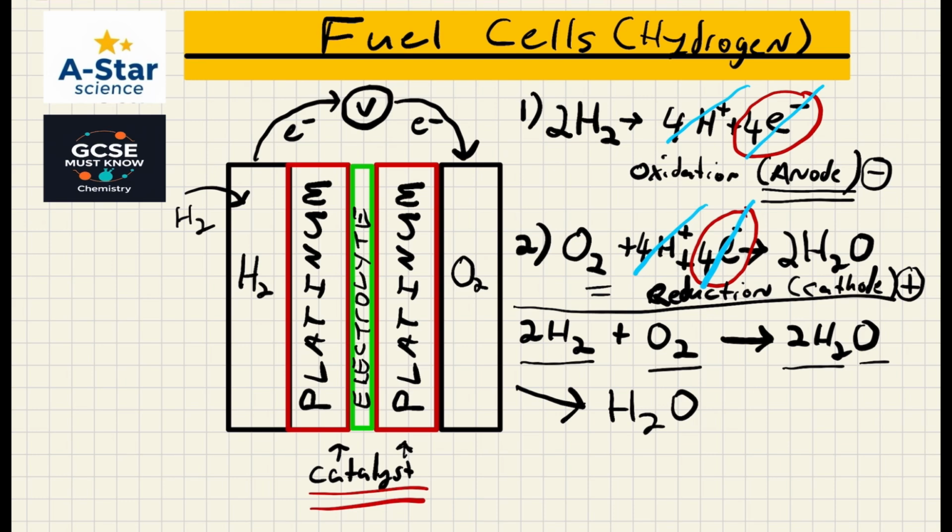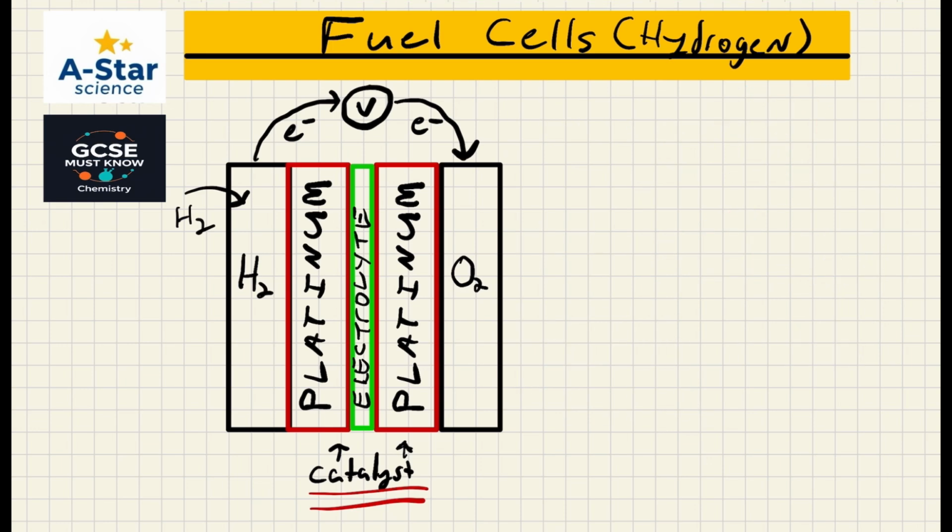We're now going to look at the advantages of fuel cells, which is also something you need to understand for your GCSE. So what are the advantages of hydrogen fuel cells? As we said, we need to understand how they are different from the other types of cells, like the alkaline cells and the rechargeable cells.